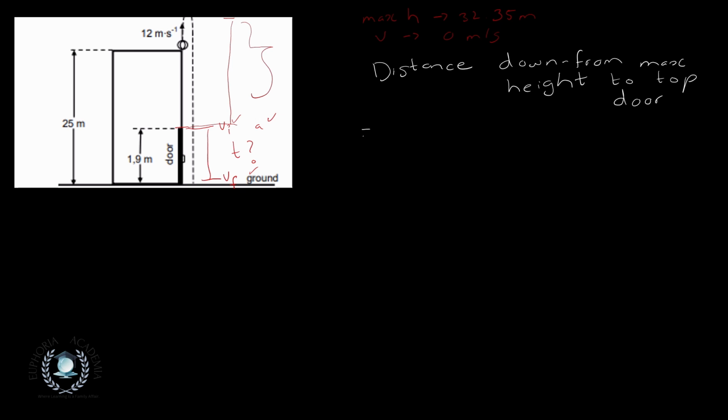Right, that distance is just 32.35 meters minus the height of the door. Alright, that's how we'll get that distance. That distance is equal to 30.45 meters. This is how much the ball needs to travel from its maximum height to reach the top of that door. Alright, so we need to find that initial V, that Vi, the velocity at the top of the door. Now we're going to do that.